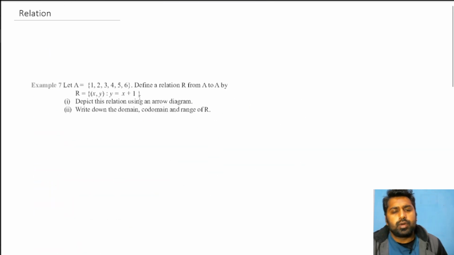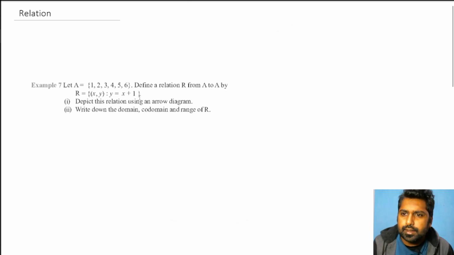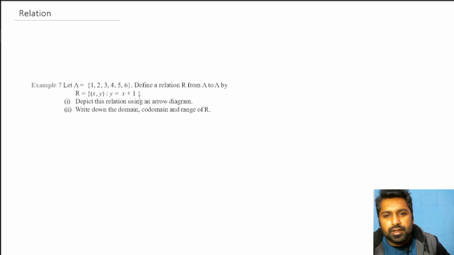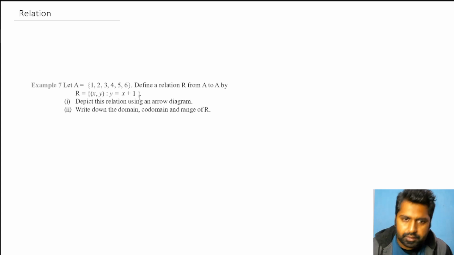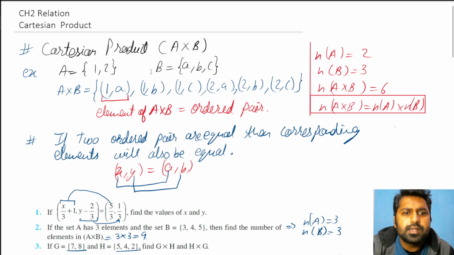Now let's talk about relation. Directly or indirectly we have done this relation slightly in ordered pairs. Remember, for this 1 comma 2 and A cross B, I've written all the possible combinations of A cross B, right?